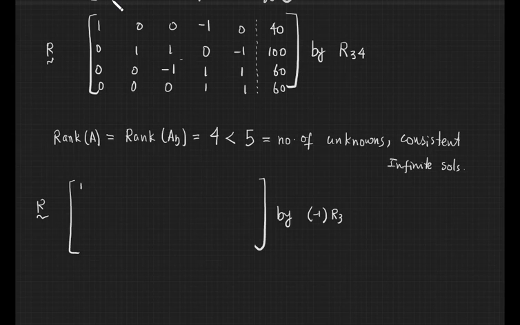So the elements of the first row are 1 0 0 minus 1 0 40. We have got 0 1 1 0 minus 1 100, 0 0 plus 1 minus 1 minus 1 minus 60, 0 0 0 1 1 and 60.